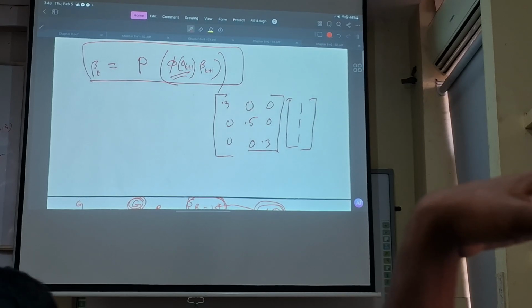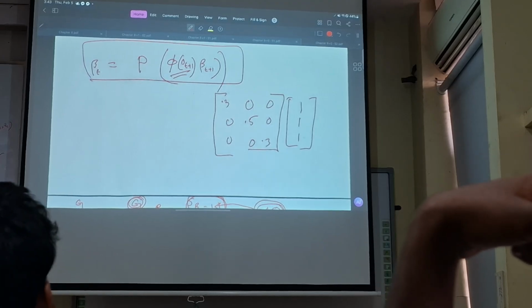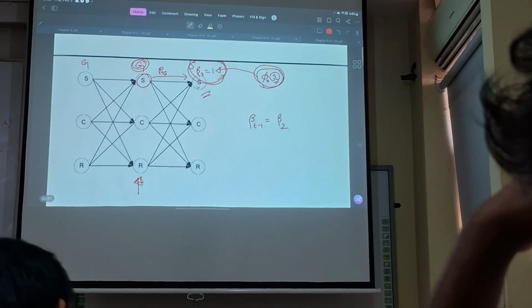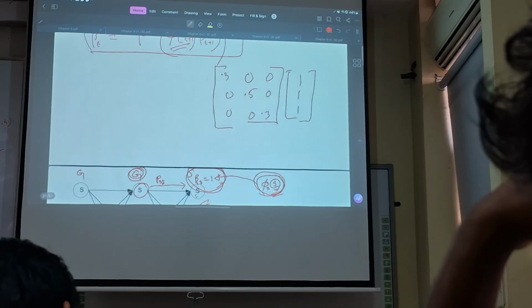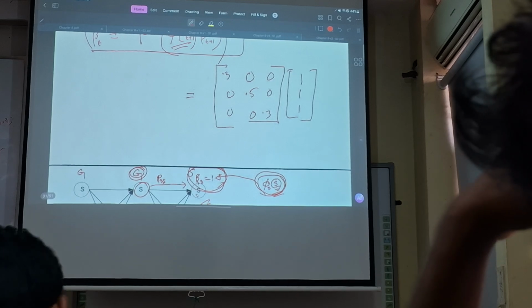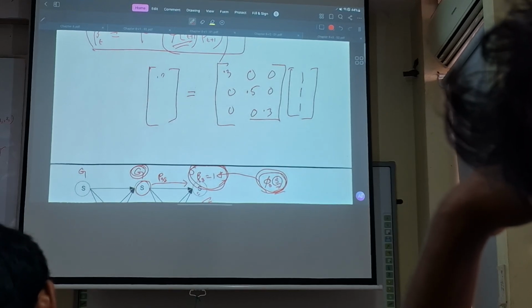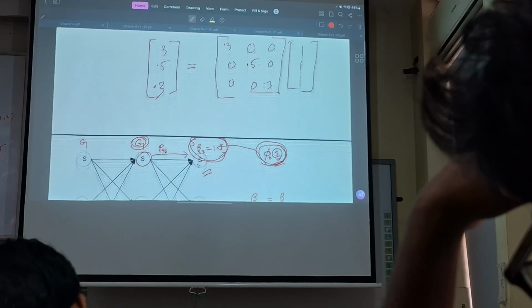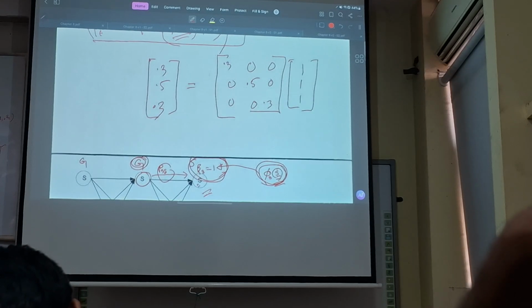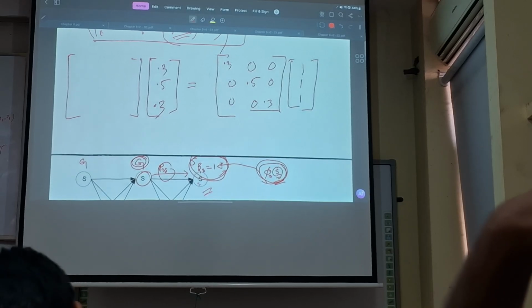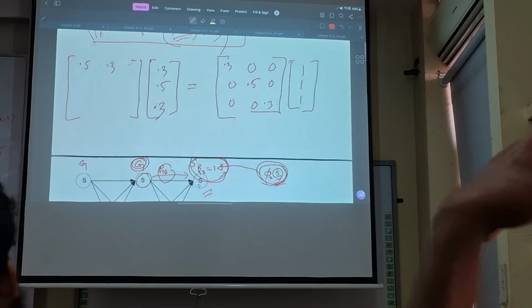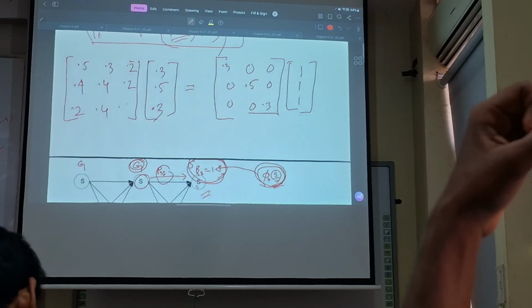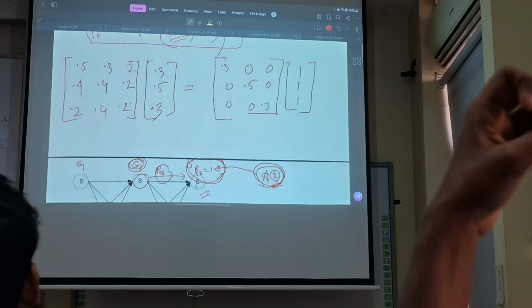So in this state, where we are here and we observe this symbol, the result is 0.3, 0.5 and 0.3. This one is multiplied with the transition probability, which is 0.5, 0.3, 0.2, 0.4, 0.2, 0.2.